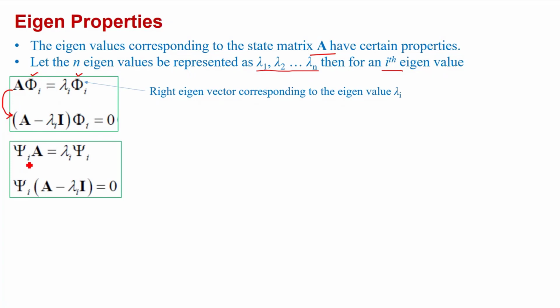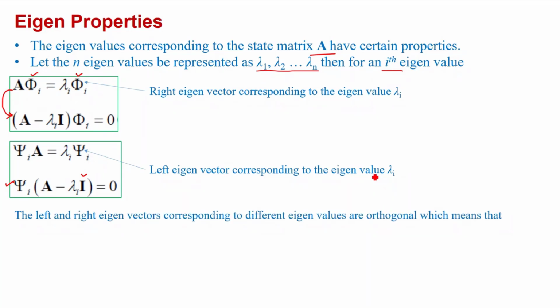Similarly, we have another vector, which we call the left eigenvector, which is multiplied before the A matrix, that is psi i A equal to lambda i psi i, right? Here also, by manipulating, we find psi i into A minus lambda i I, where I is your identity matrix, equal to 0. And psi i is your left eigenvector corresponding to the eigenvalue lambda i.